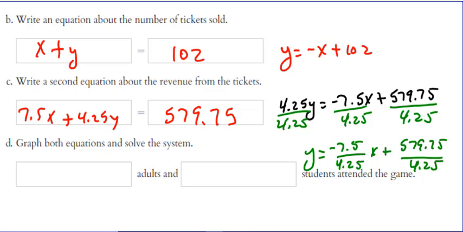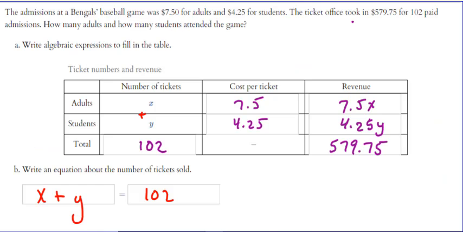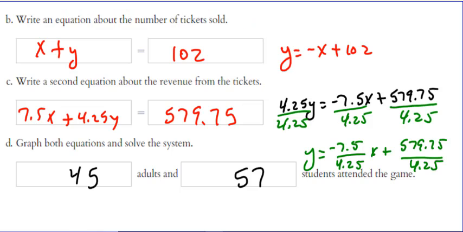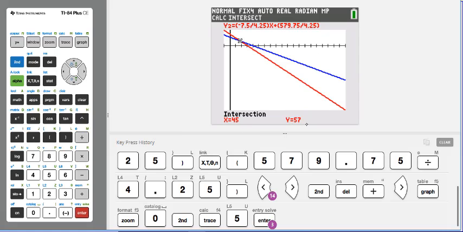So 45 tickets for adults, and then 57 students attended. Since we said that x was adults and y was students, x is 45 right here, and y is 57.